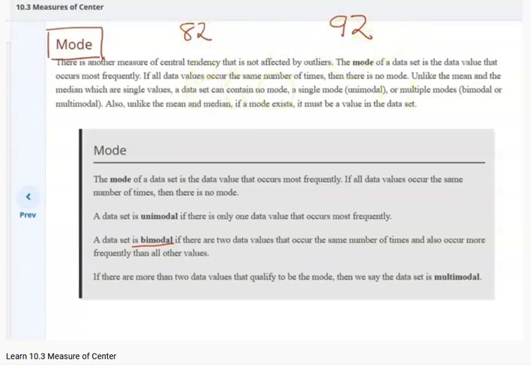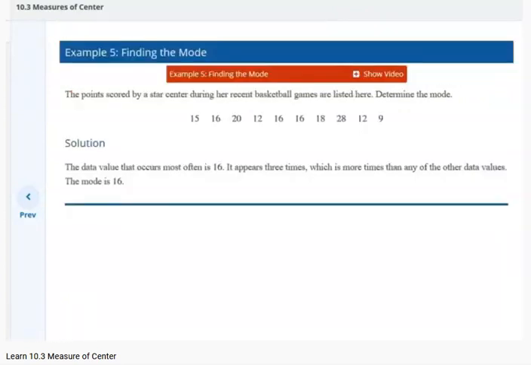So here's a case where you have to look at the data in some detail. And here it's illustrated in example 5. So we kind of do a quick survey and say, well, wait a minute. There's a 16, there's a 16, there's a 16.